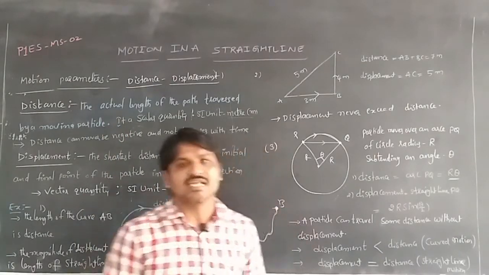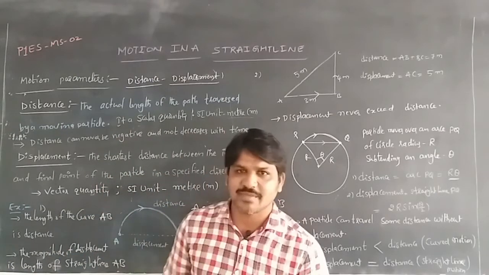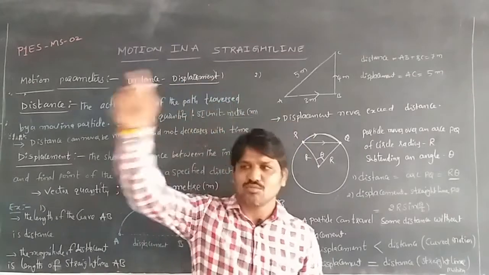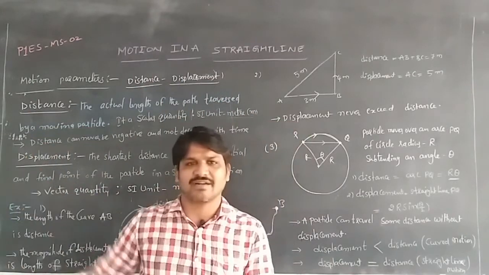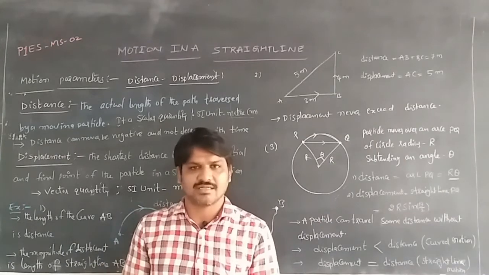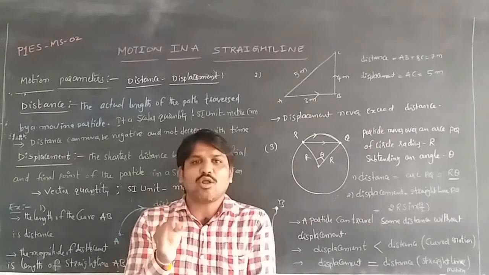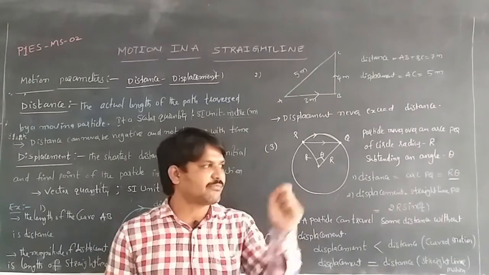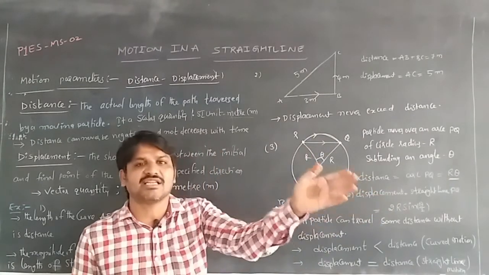If we come to displacement, displacement means when a body is traveling from one point to another point by moving in different directions, whatever the length is, the shortest path from the initial point to the final point, we can draw along a straight line in a specified direction.